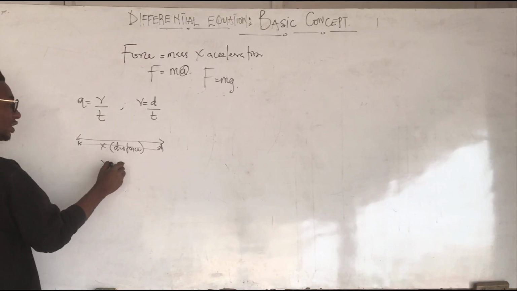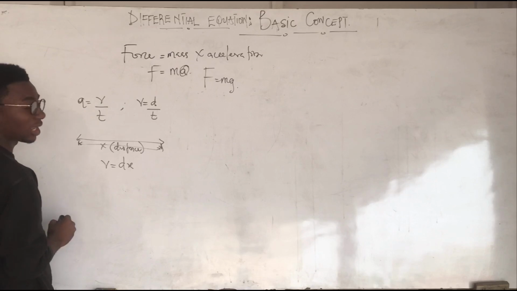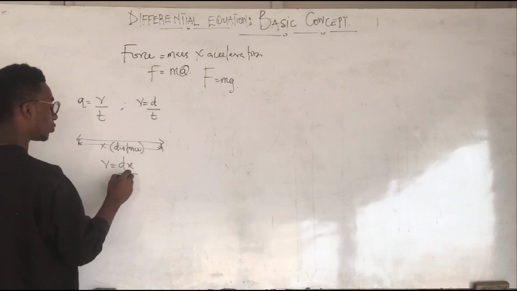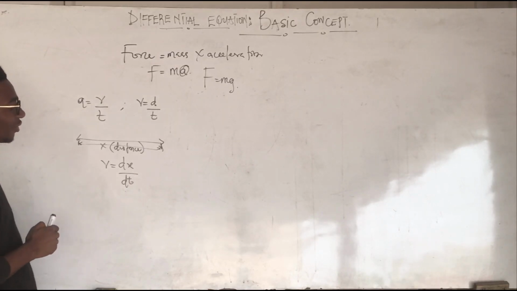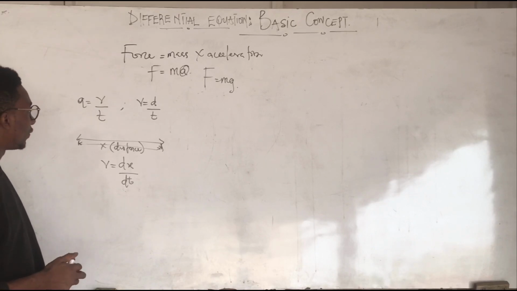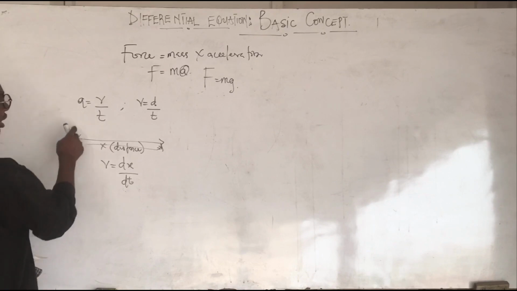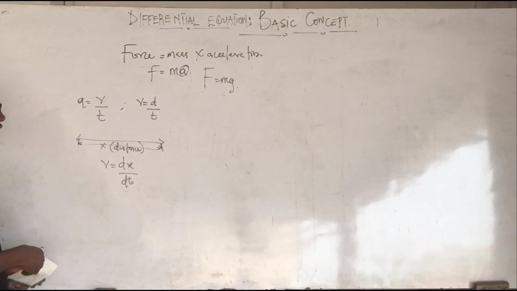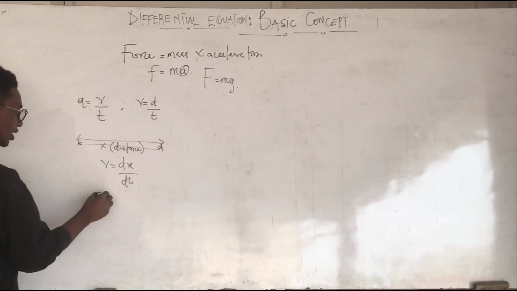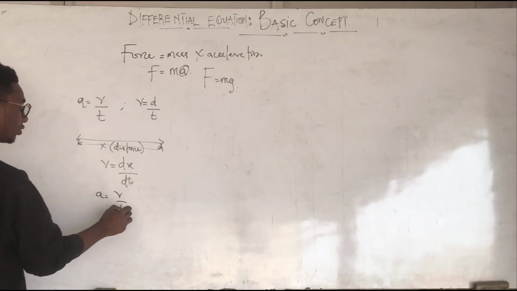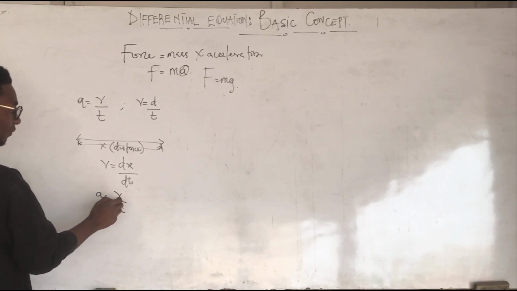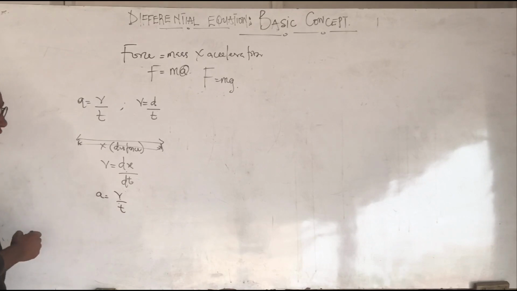So we can say that v becomes the derivative of x with respect to t. Now, acceleration is also equal to dv over dt. And if v is equal to this, then we can differentiate acceleration.